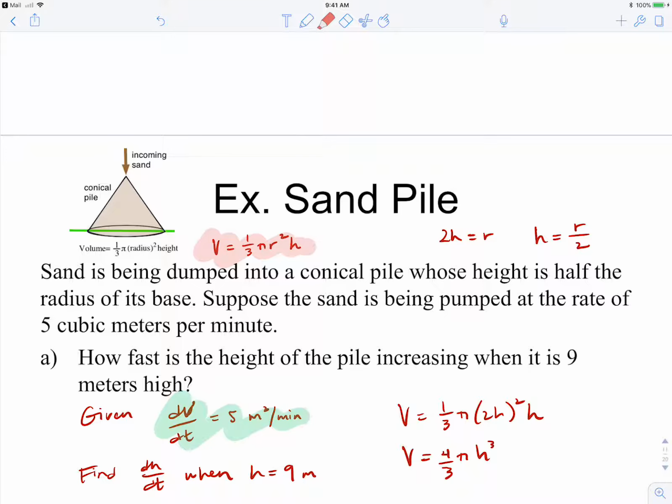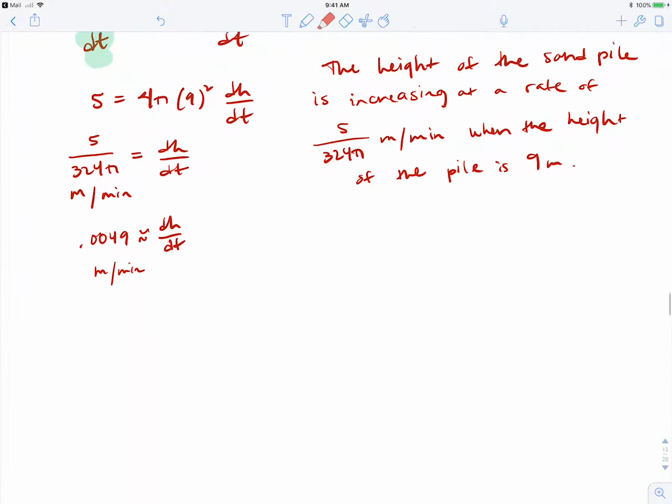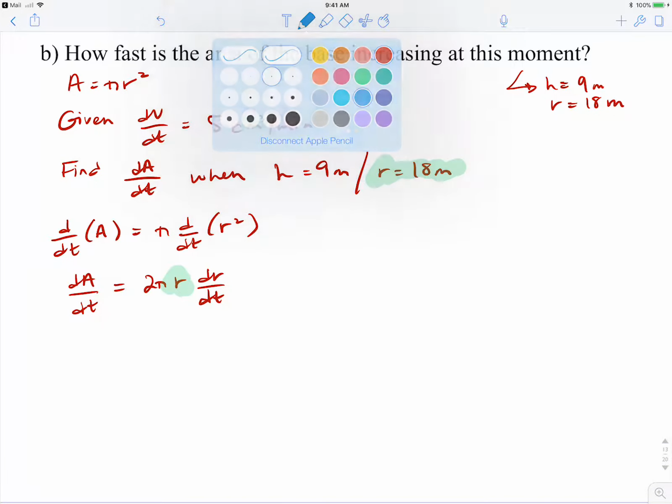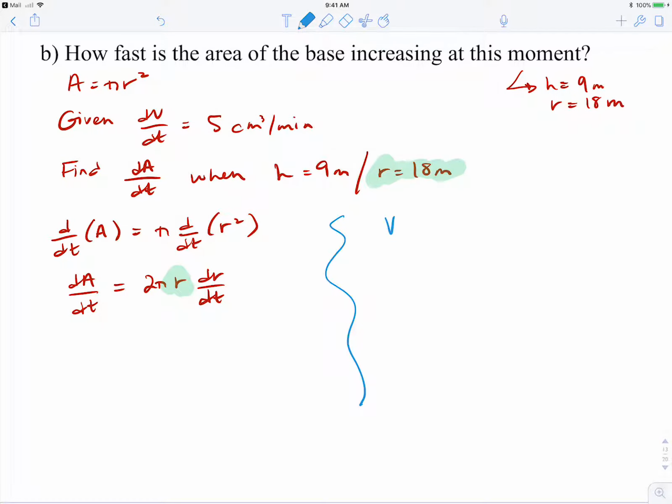So in part A, we rewrote the equation for volume in terms of just h, and now we can rewrite the equation for volume in terms of r. So we can replace h with r over 2. Okay, so that simplified to be pi over 6 r cubed.